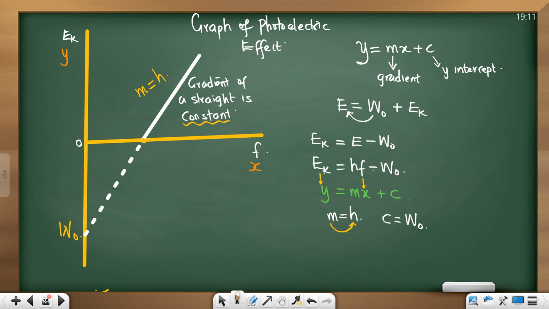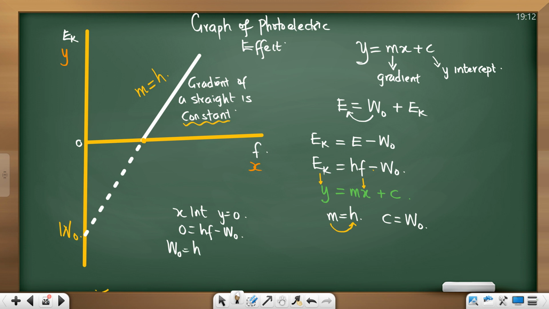Let's quickly interpret that. At the x-intercept, what's on my y? Kinetic energy. Okay, please somebody remind me, what are the conditions for the photoelectric effect? Don't want to forget. 0 equals hf minus W naught. Can I bring the W naught to the side? What am I going to have?